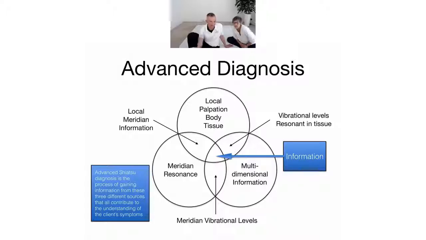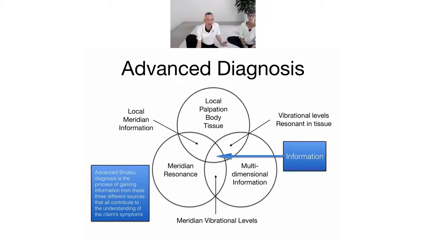Let's just have a quick look at the rest of the slides. I think we're nearly done now. So that's my new chart. You can see what we were doing. We were basically getting a combination of local palpation, body tissue diagnosis using viewpoints and the channels, and then meridian resonances. Both Diana and I demonstrated how you get resonant information from the hara.